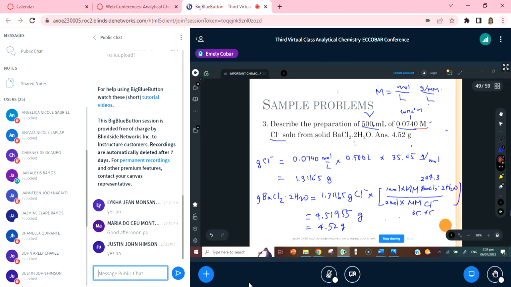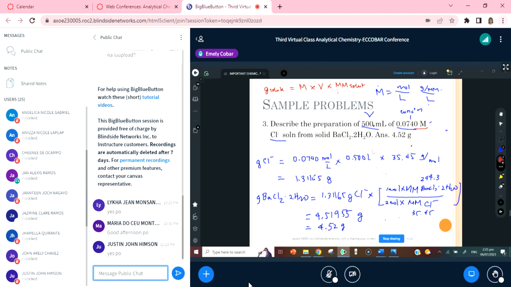Okay, so now, paano muna natin isosolve yung problem na to? Okay? We will use, anong formula ang ginagamit natin? Gram solute is equal to molarity of the solution times volume of the solution times the molar mass of the solute.